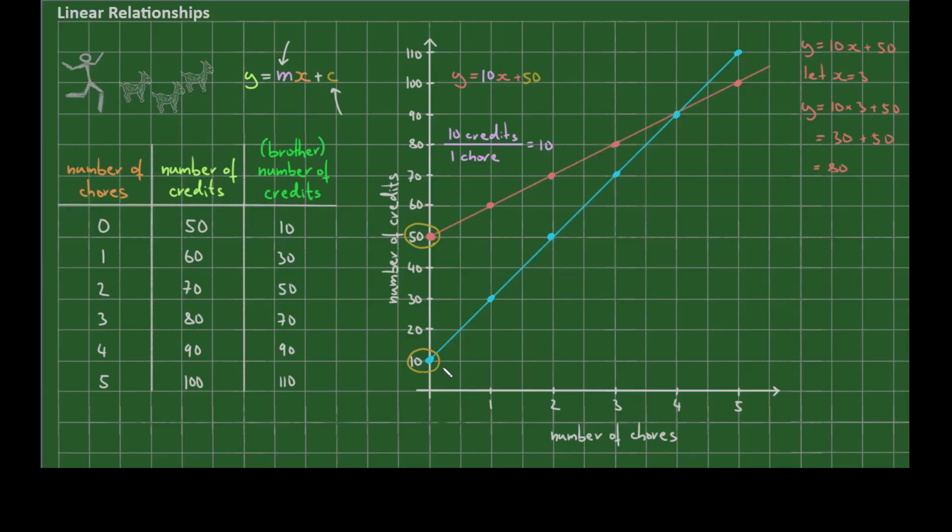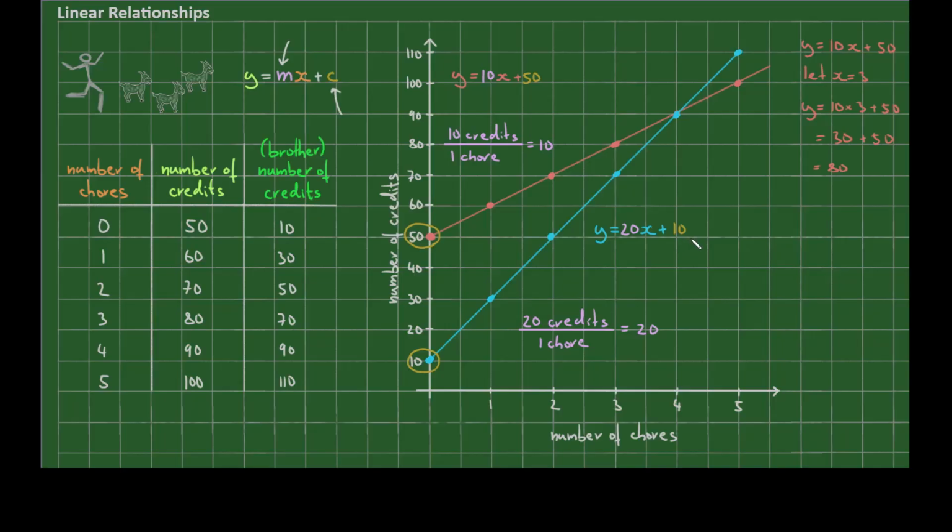What about the gradient? Well, in this case, the rate, or the slope, or the gradient, is 20 credits per chore. 20 divided by 1 will give me 20. That is the gradient of this blue line. Now I could say that this blue line can be described by the equation y equals 20x plus 10. Note that the general format is still y equals mx plus c.